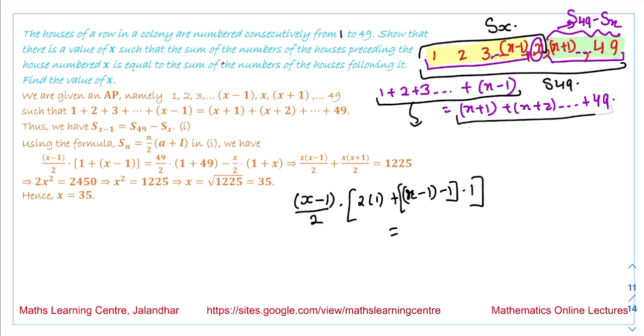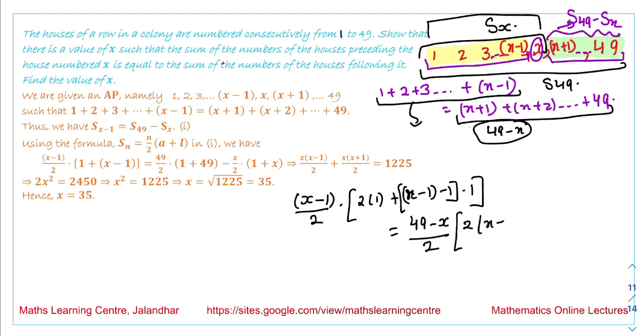How many terms are there? Total terms are 49, we have left x terms from it, so we are left with 49 minus x terms. So it is 49 minus x by 2, into 2 into a, which is x plus 1, plus 49 minus x minus 1 for n minus 1.